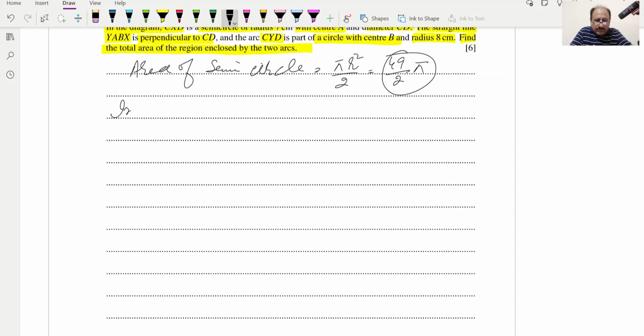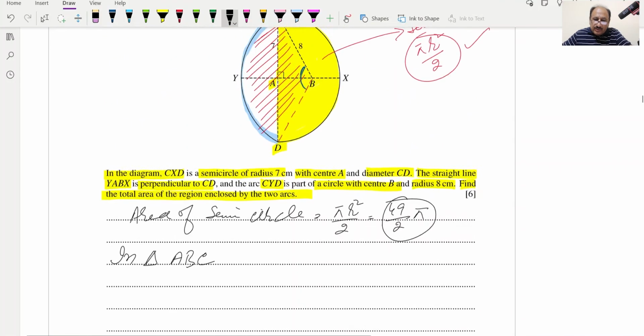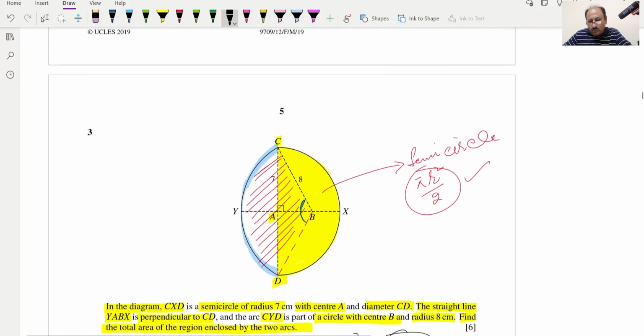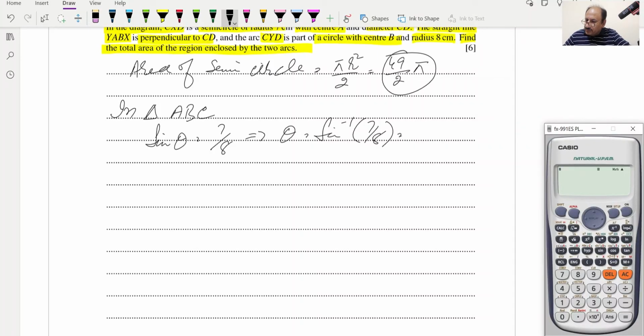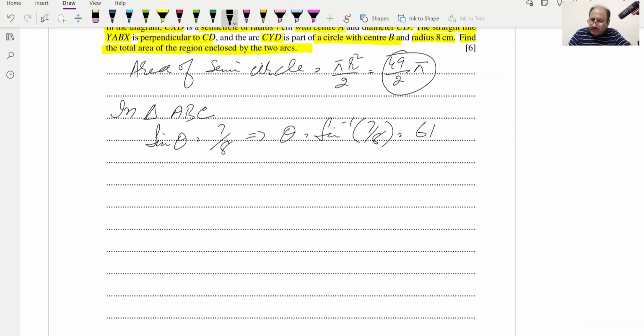In triangle ABC, sine theta is opposite over hypotenuse, so sine theta is equal to 7 over 8. This implies theta is equal to sine inverse of 7 over 8, which is 61.04, so we will write 61 degrees.